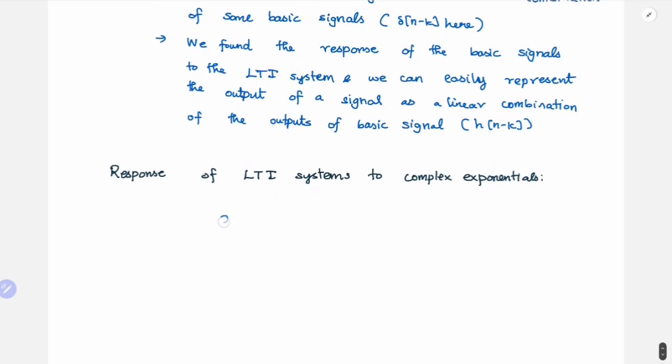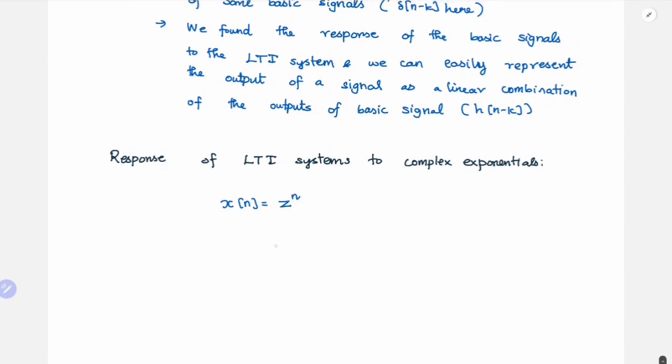So let us take a complex exponential. Let's say x of n equal to z power n, and z is a complex number. Now let us pass it through an LTI system with impulse response h of n. So we have z power n and we have y of n.